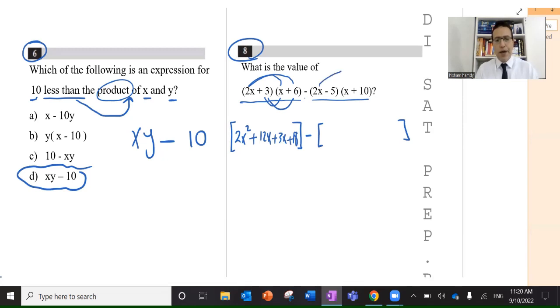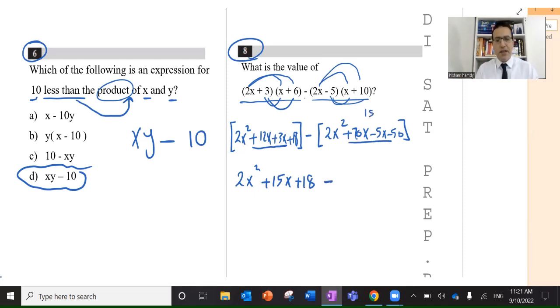Then 2x by x is 2x squared. 2x by 10 is positive 20x. Negative 5x and negative 50.